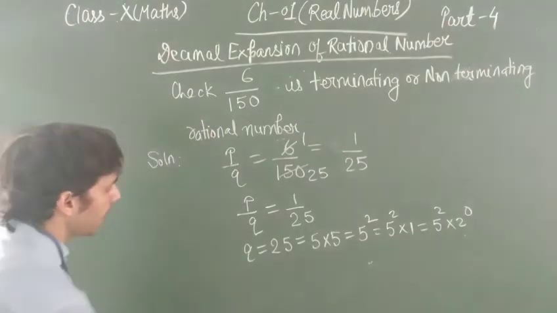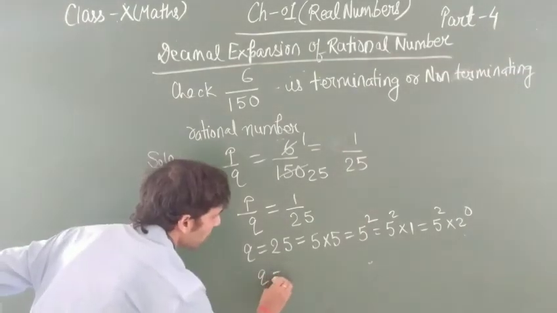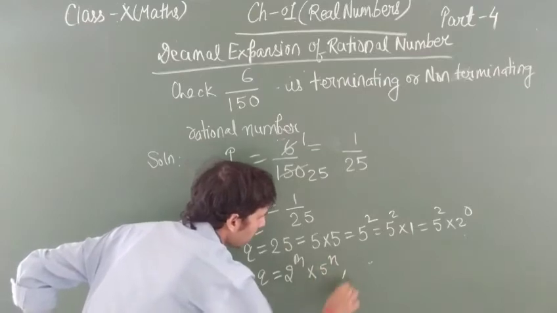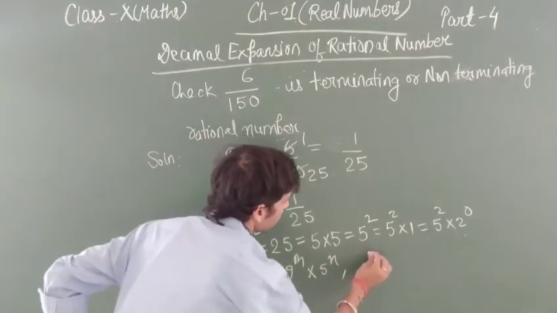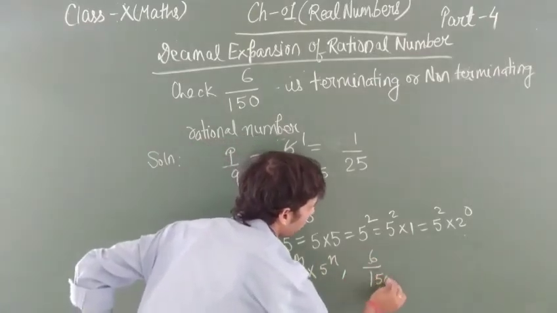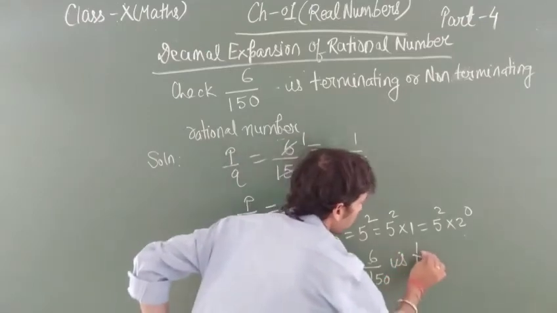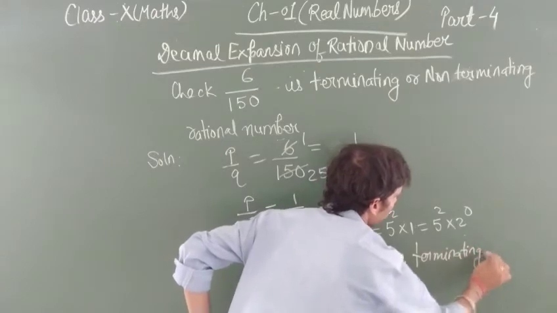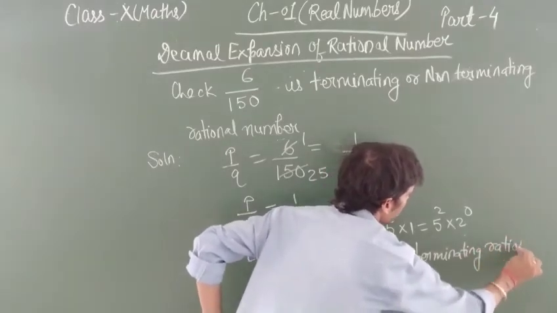So we can say that because q is in the form of 2 to power m into 5 to power n, hence 6 upon 150 is a terminating rational number.